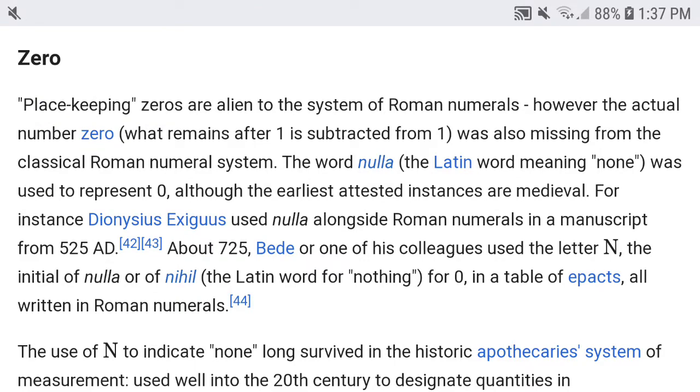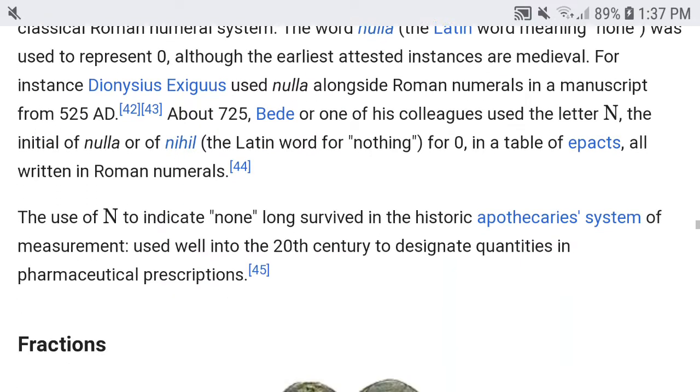For instance, Dionysius Exiguus used nulla alongside Roman numerals in a manuscript from 525 AD. About 725, Bede or one of his colleagues used the letter N, the initial of nulla or nil, for 0 in a table of epochs written in Roman numerals. So 0 is N basically.